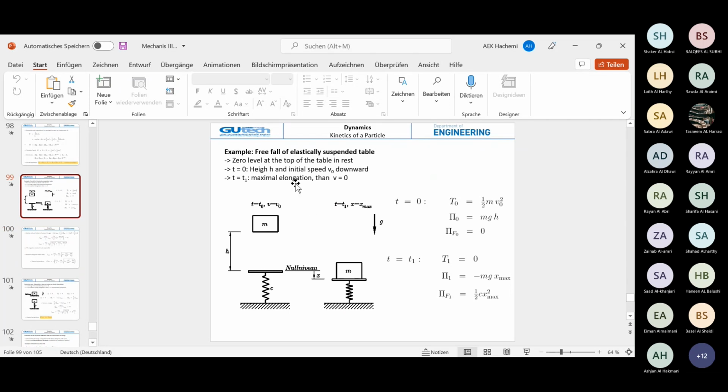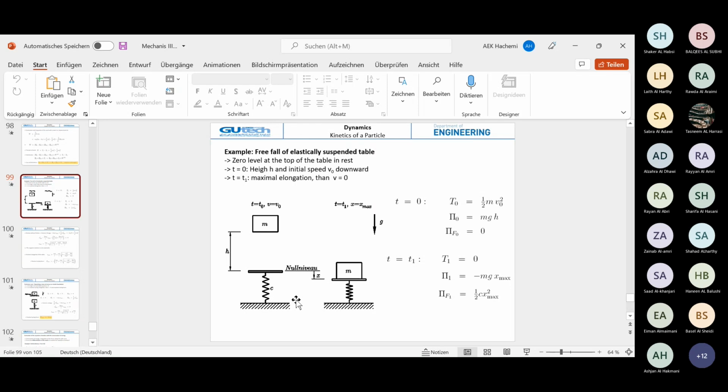Example of free fall of an elastic suspended table. As I said the last times, it depends on you where to choose the zero level. It's up to you, but the best choice, let's say, is to choose where we know the initial condition, not an actual or arbitrary position.